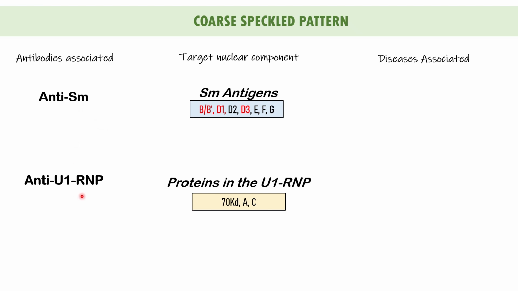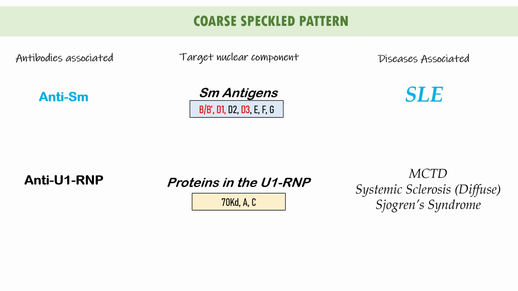So for both anti-Smith and anti-U1RNP, they are seen in cases of SLE. In particular, anti-Smith antibodies is considered as one of the most specific markers for your SLE because this is usually seen in SLE alone, and this is detected in 20 to 30% of patients with SLE.